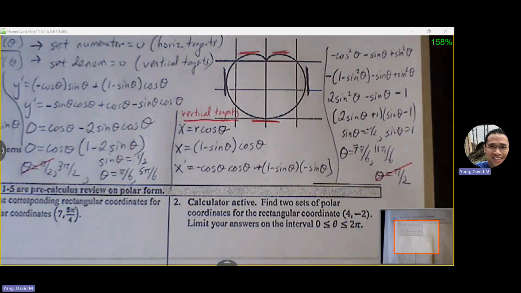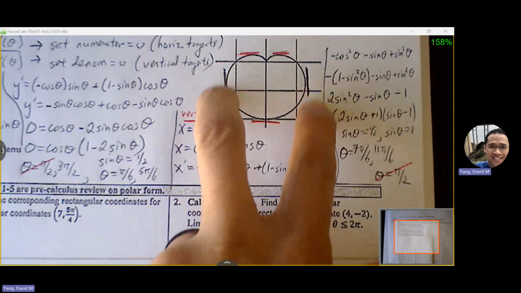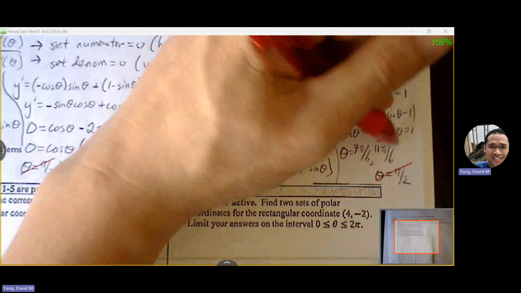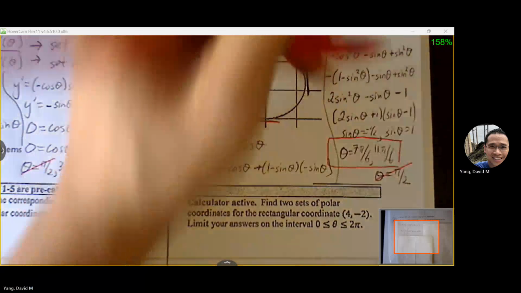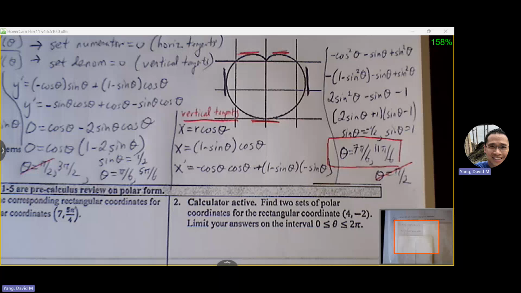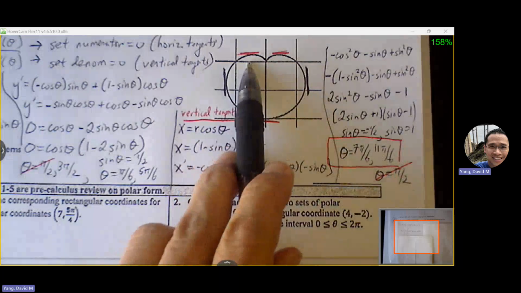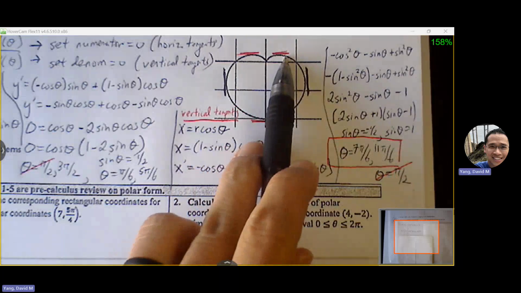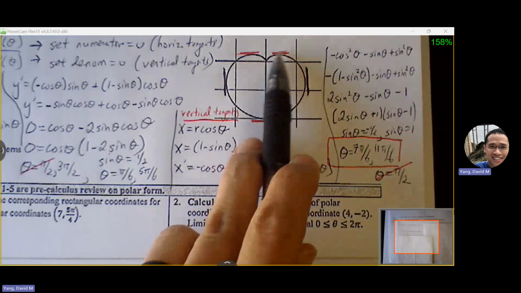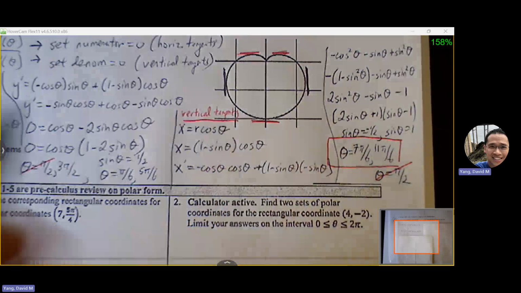So then our vertical tangents are going to be at 7 pi/6 and 11 pi/6. But then our horizontal tangents will be at pi/6, 5 pi/6, and 3 pi/2.